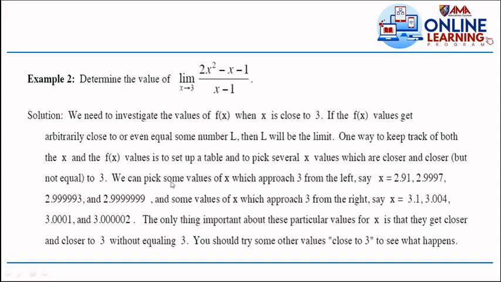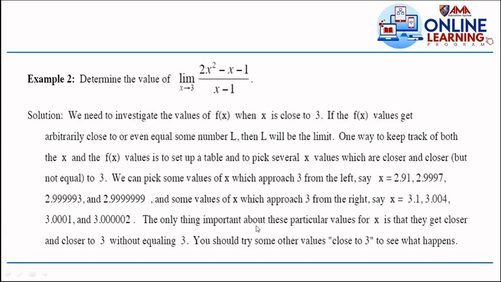We can pick some values of x which approach 3 from the left, say x is 2.91, 2.997, 2.9993, 2.99999, and some values of x which approach 3 from the right, say 3.1, 3.004, 3.001, and 3.0002.